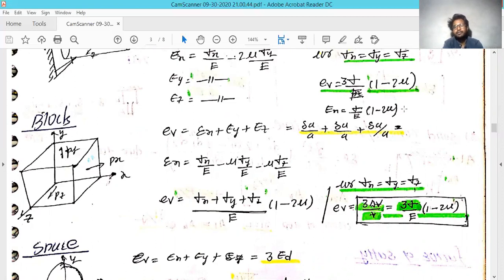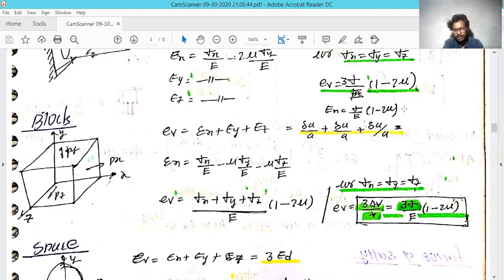If you apply a force in the x direction, it will change the dimensions in all the directions. So if you take an example where you apply force in a particular direction, the x direction, the length or size in that particular direction will increase and the other two sides will reduce.